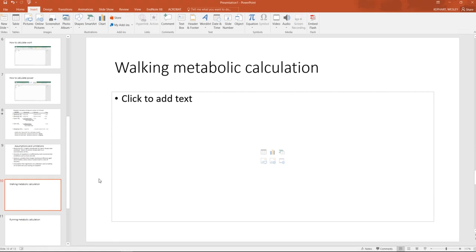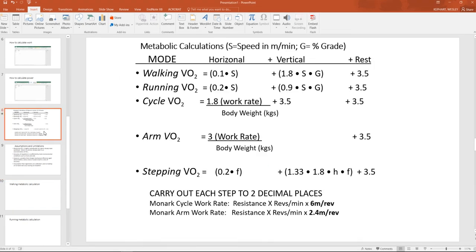All right, so now let's talk a little bit about these metabolic equations. Really, I'm just going to give you the Excel sheet that I made a little while ago so that it's fairly easy for you. These metabolic equations are really good for measuring things like VO2, which, as a human, I think you should know that oxygen consumption, that's all that means, is really important to us being alive.